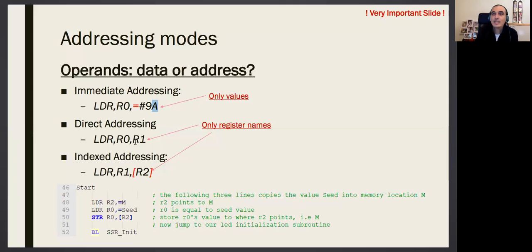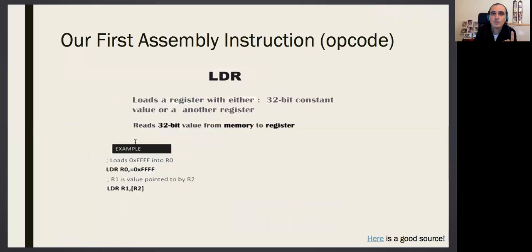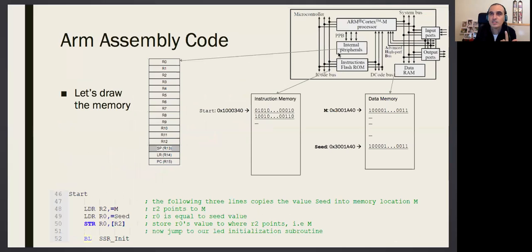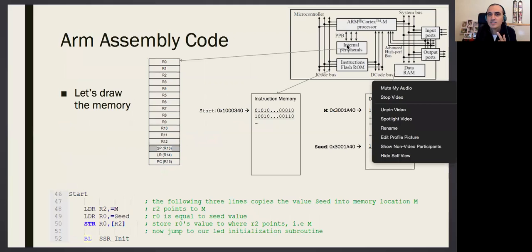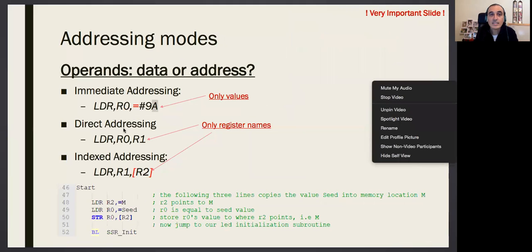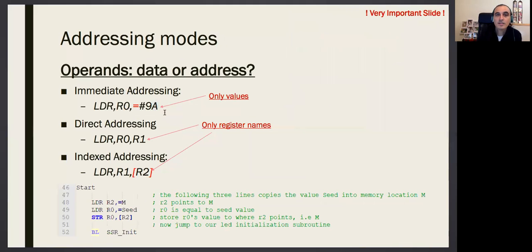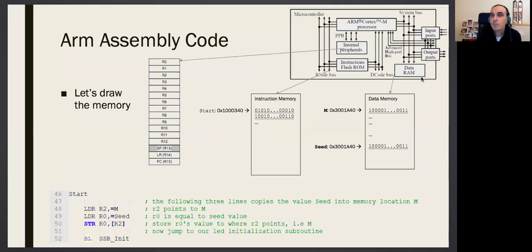The other one is directly reading from another register. The second possibility, you remember? Reading from one of the other registers, one of these sister registers here. It is called direct addressing. Indexed addressing is actually reading it from the memory.